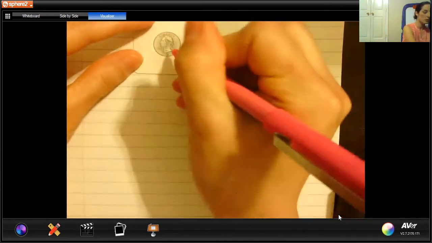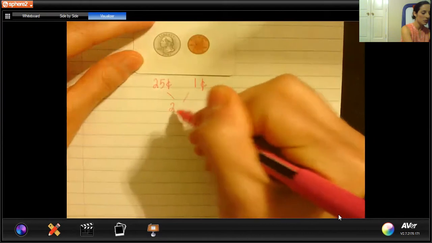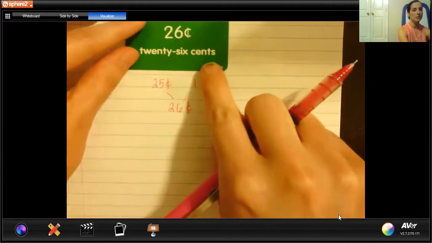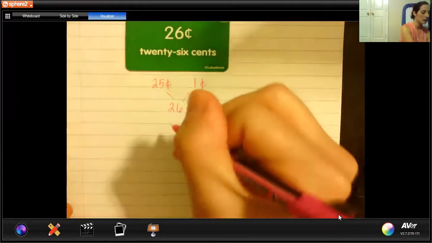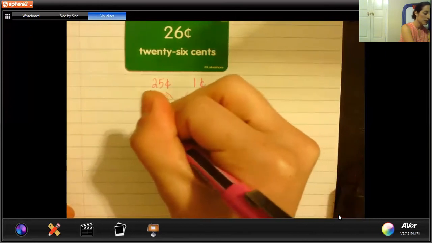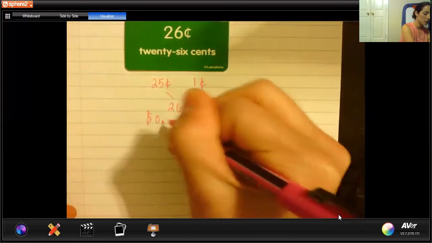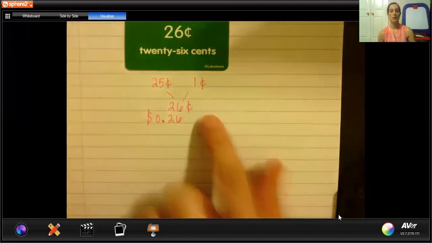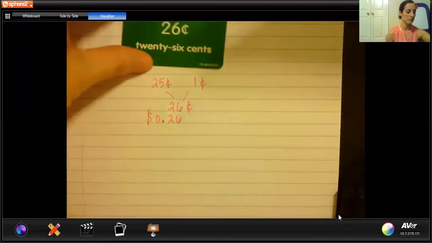Remember, we can write that, or we can also write it using our dollar sign. Remember, we do not use those together. We only do one or the other. Okay.